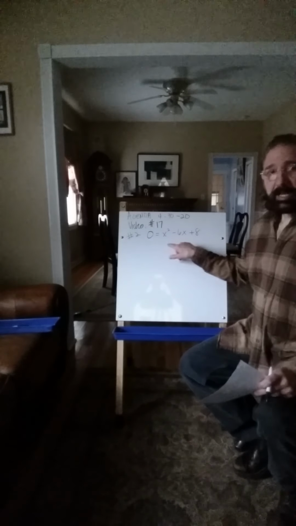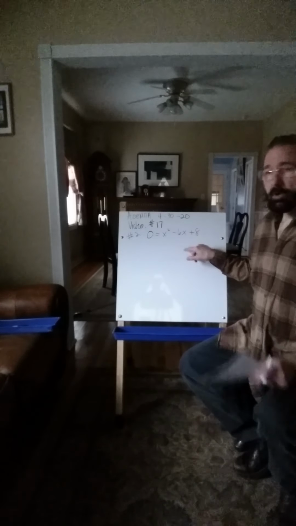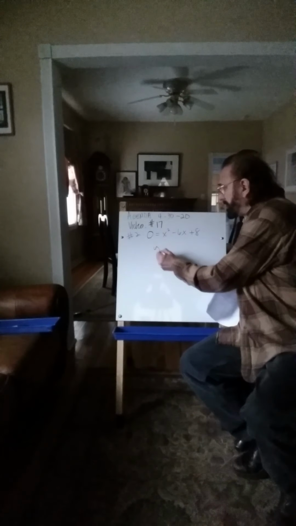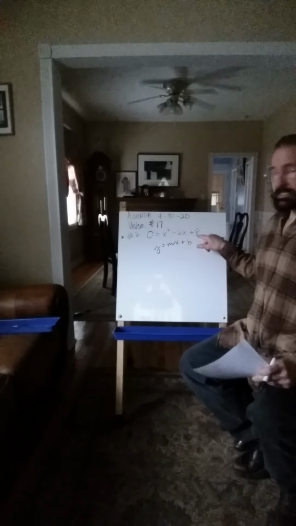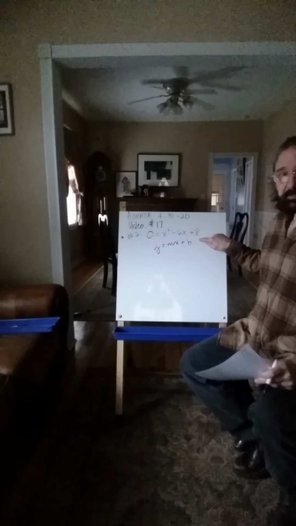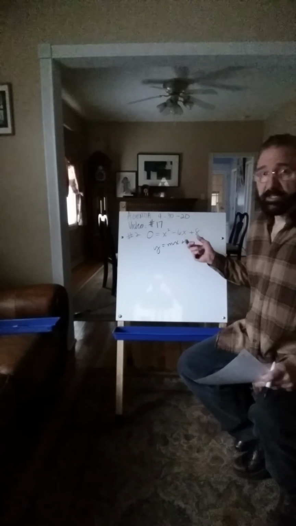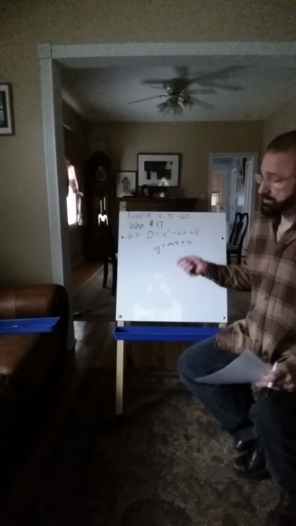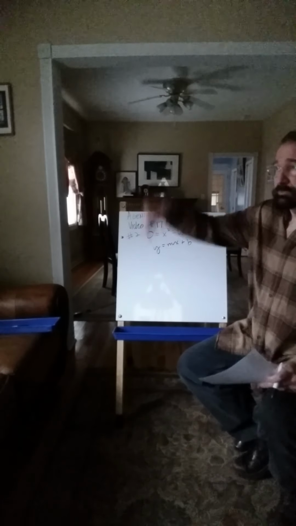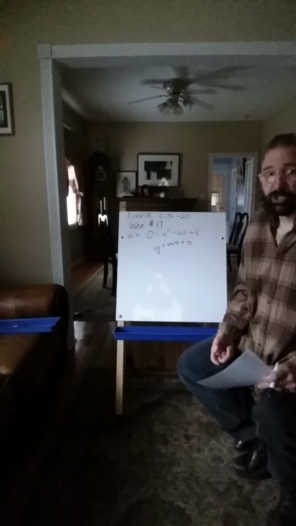Something I didn't mention earlier: when you have a quadratic equation, you know how we have y equals mx plus b? When it's like this, that plus 8 is the b. The plus 8 is your y-intercept. Sometimes it'll help you, sometimes it won't, sometimes it'll be off the chart, but it's good to know.